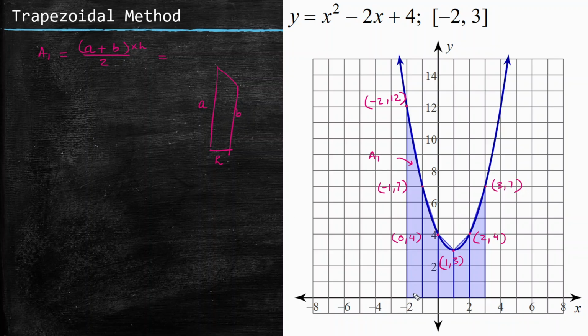Even in this problem, the gap between the strips is 1, so the height h will be 1. So all we have to do is find 12 plus 7 times 1 divided by 2. That's the area A1, that's 19 over 2.